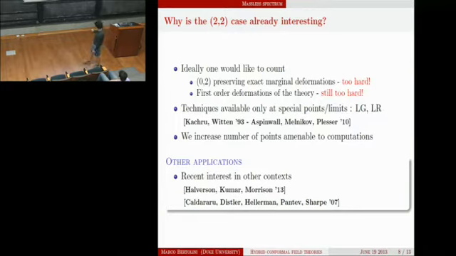And in this other work by Kaldaru, Dissler, Harleman, Pantev, and Sharp, they look at the GLSM as a way to realize Kuznetsov homological projective duality. So what I'm saying is that if one studies GLSMs, then hybrids are definitely something that naturally arises.